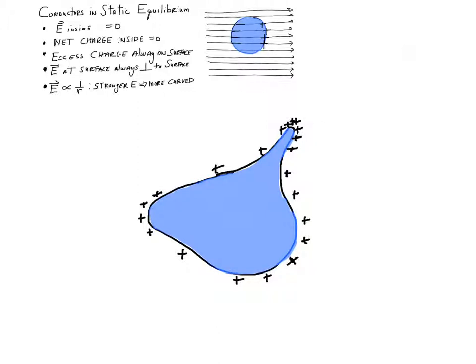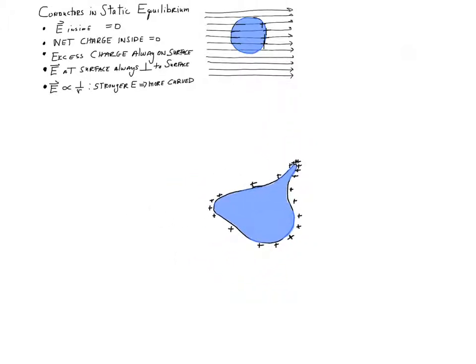Here there's a little more curvature, so they're more tightly packed. And here is a place of high curvature, and so they're very densely packed. So another way of saying this is charges tend to accumulate at sharp points on a conducting surface which is irregular. So this is a good figure to illustrate that property.